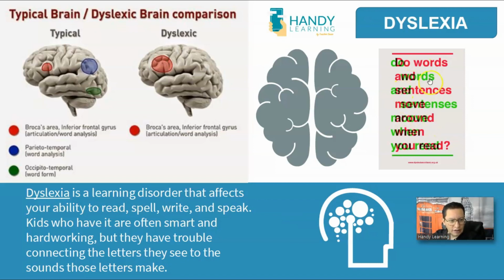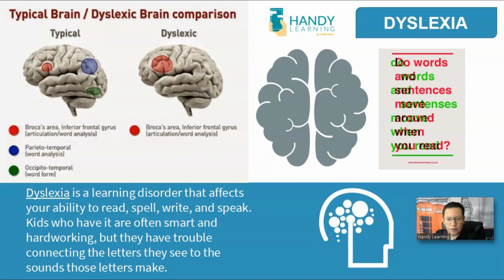Usually, just like the image that you're seeing here, this is something similar to what a dyslexic kid will read. And they usually refer to the texts as if the letters were dancing. So this is the first learning disorder.